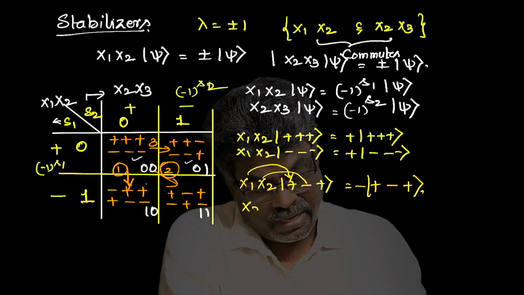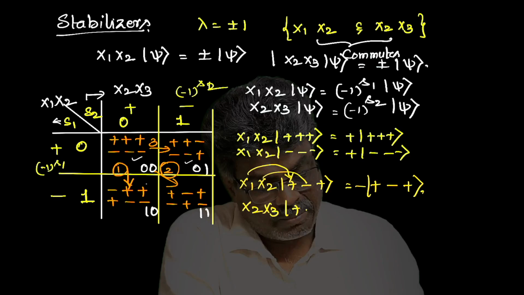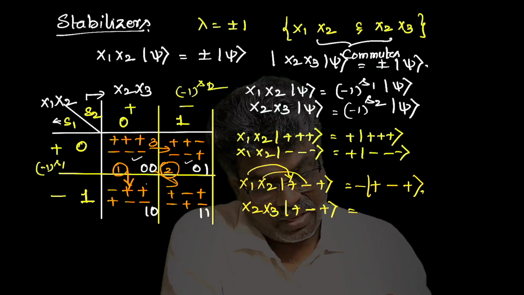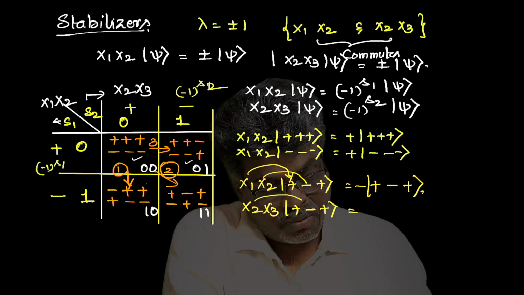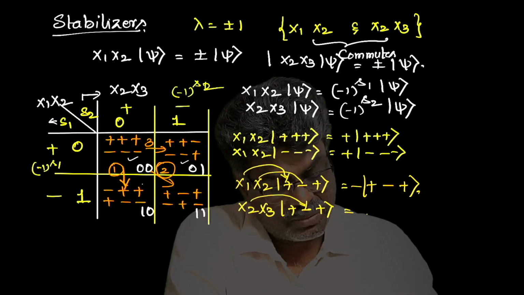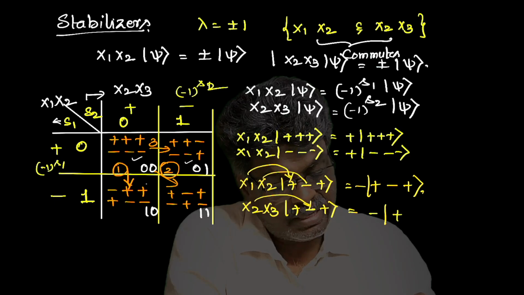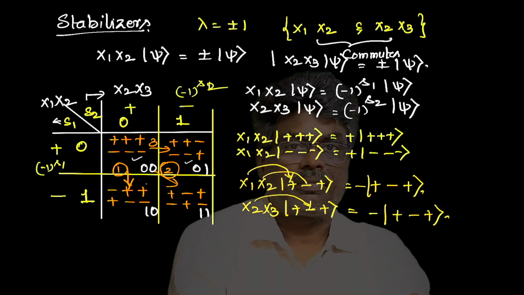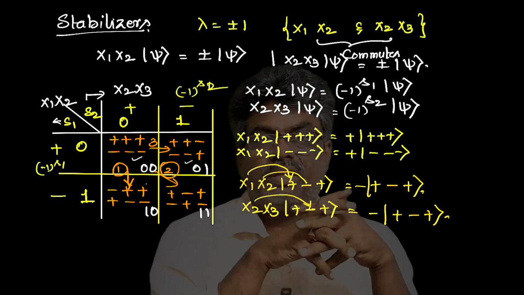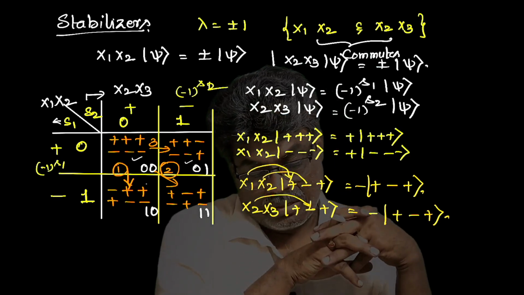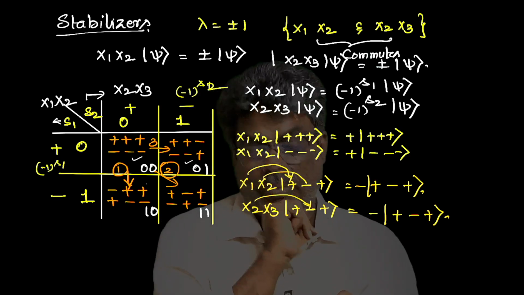Similarly, if you take x2 x3 operates on plus minus plus, so here also x2 is operating on this minus state, so that's why minus again, we'll get plus minus plus. Like this we can check the parity checking by using these stabilizer operators.